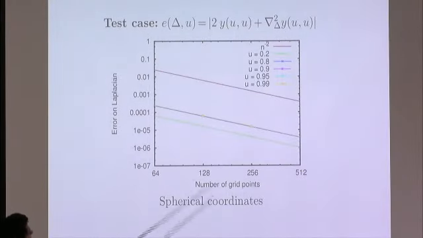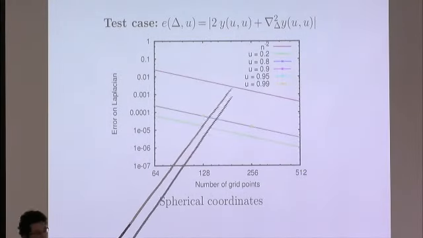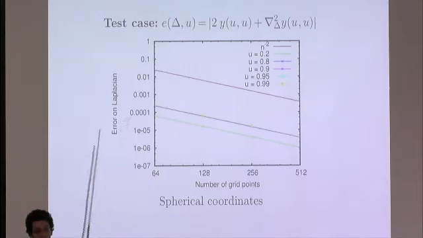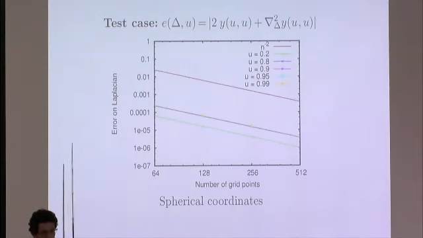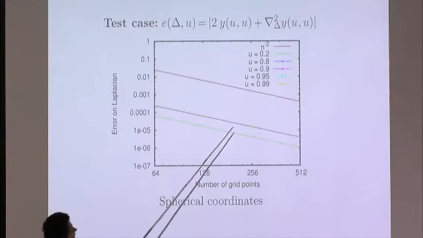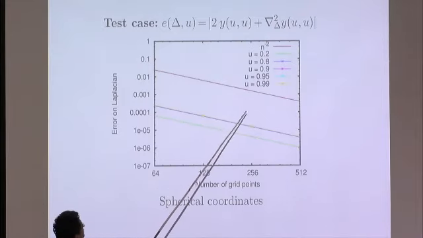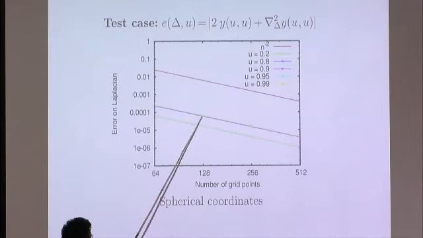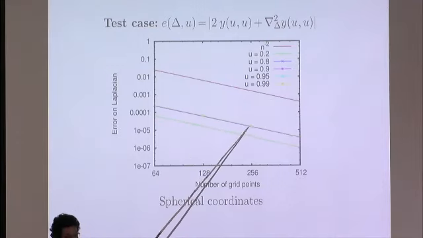When u is equal to 1, you are in the corner, so near the pole of, for example, the cube sphere patch, or near the pole of the spherical coordinate, if you want. What I plot here is the error as a function of the number of grid points, at various locations on the diagonal. So 0.2 is close to the center of the patch, and 0.99, which is this yellow curve here, is close to the pole.